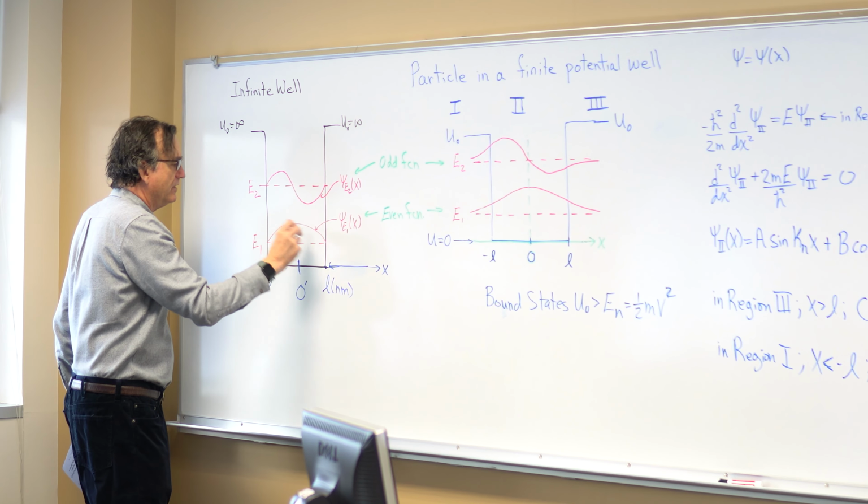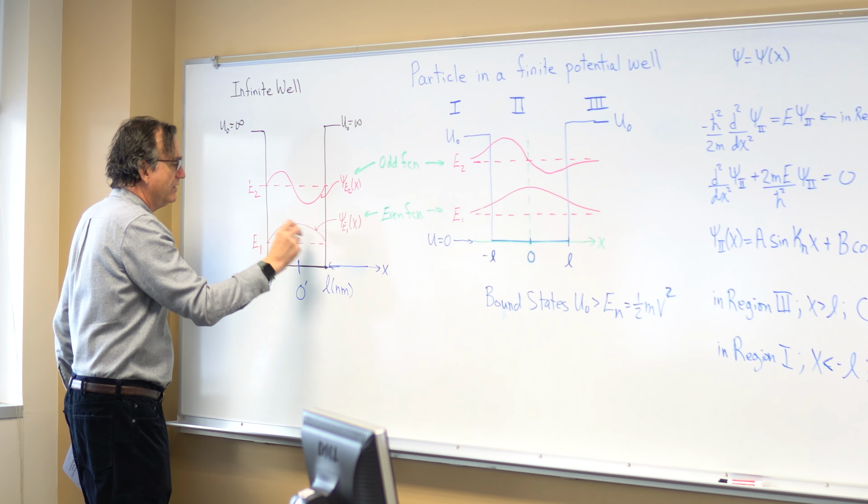Similarly, if I go through the same exercise with n even, I replace the C in this equation with a minus C, reversing the signs on these two terms. Then I reach the conclusion that A is equal to 0, and therefore that psi 2 of x is equal to A times cosine of k_n x.